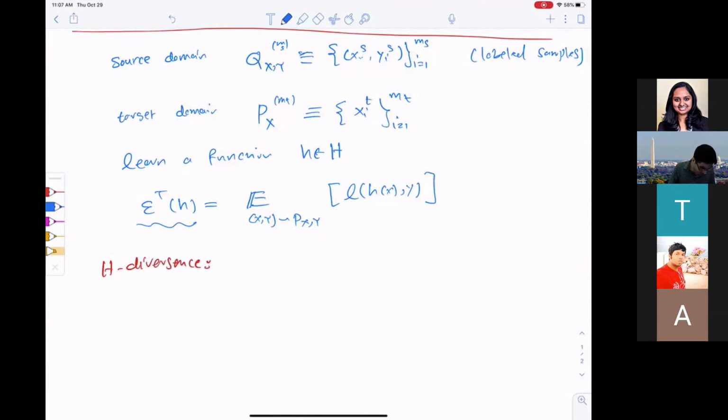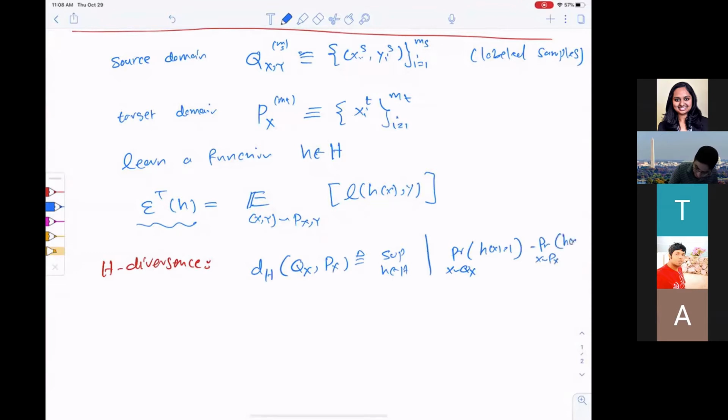So the H divergence is defined between, let's say, Q_X and P_X. These are the marginal distributions of source and target. I look at the worst h that gives me the biggest difference between the probability of samples on one side of my classification boundary coming from the source versus samples that come from the target and fall into one side of my decision boundary.